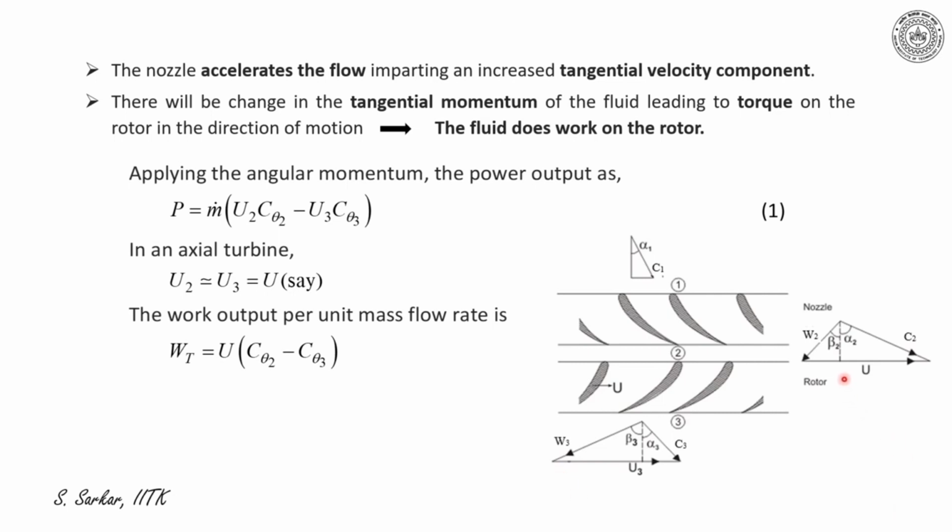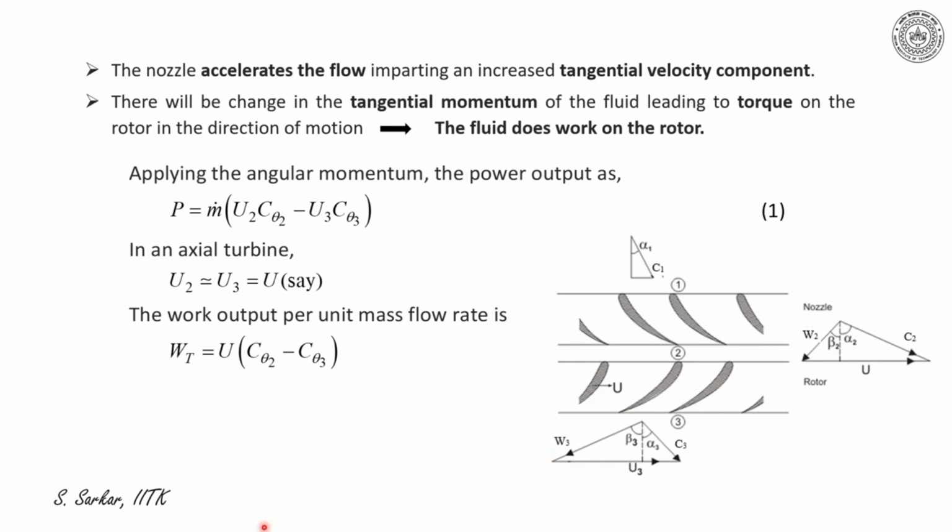Now, as per the sign convention, c theta 2, which is in the direction of U2, would be treated as positive, while W theta 2, being in the opposite direction of U2, would be negative for a turbine. Similarly, at the exit of the rotor, C theta 3 would be positive and W theta 3 would be negative.